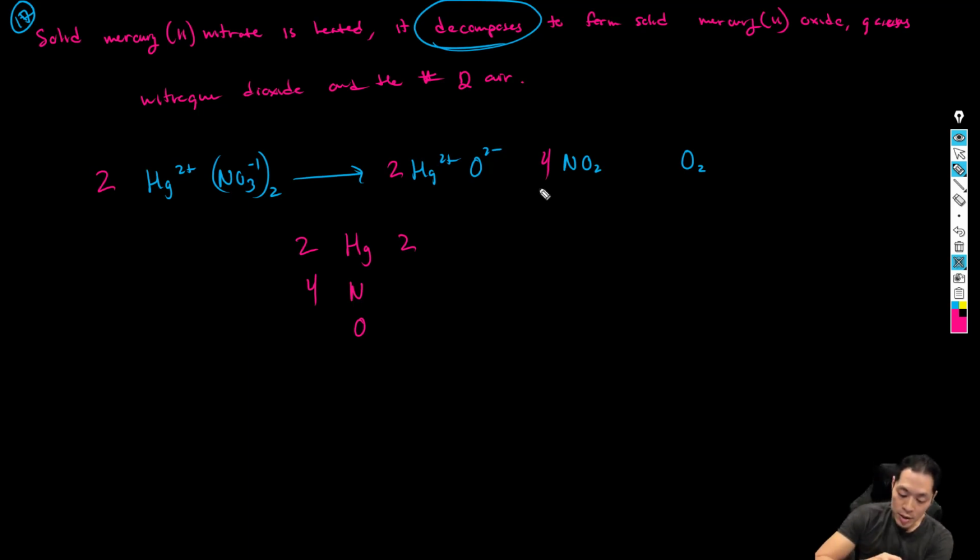Oxygen, I have 2 times 3, which is 6, times 2, which is 12. Then I have 2 times 1, which is 2, 4 times 2, which is 8, and then I have 2. So 2 plus 8 plus 2 gives me 12. I am good. So there we go. Balanced and good to go.